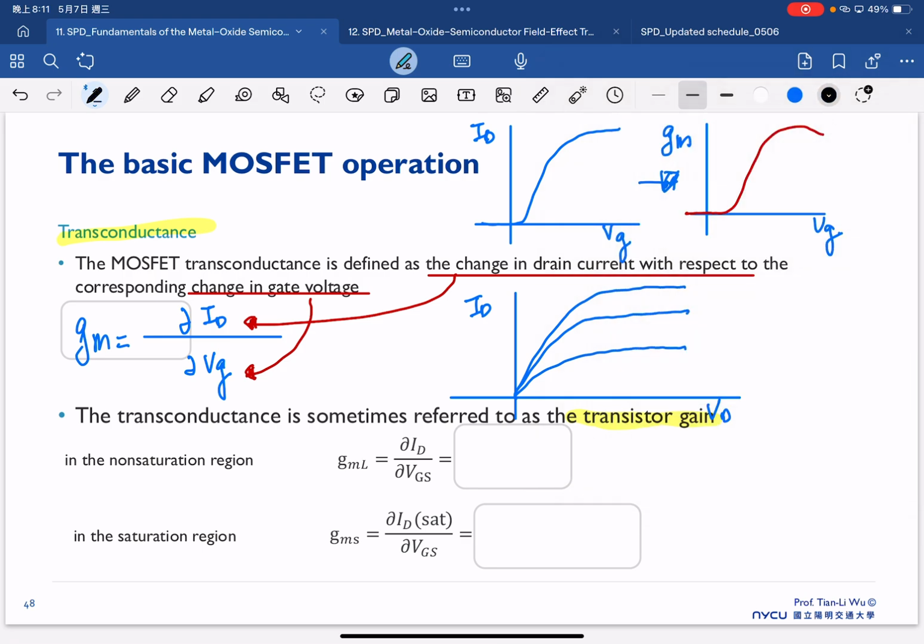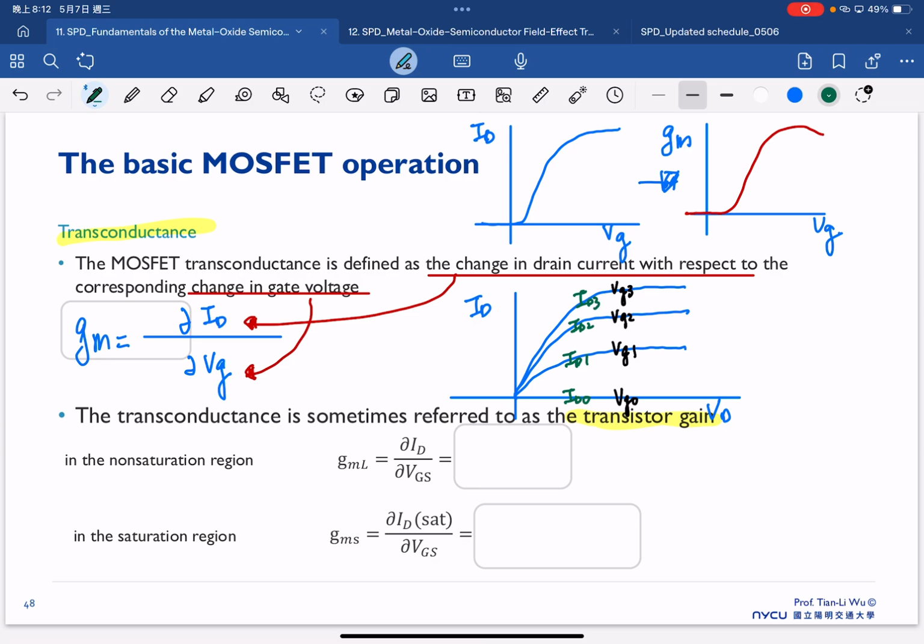So this is VG0, VG1, VG2, VG3, and each VG gives us one ID: ID0, ID1, ID2, ID3.